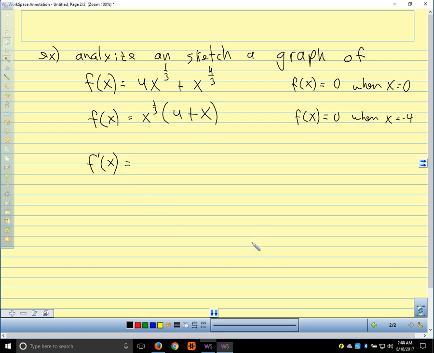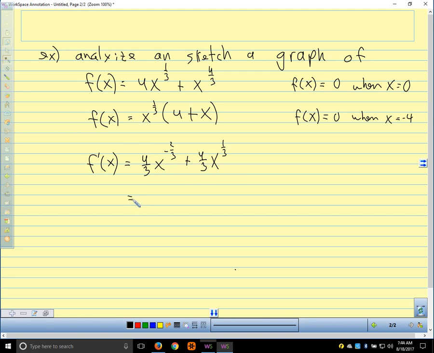So what's going to be the derivative of this thing? Plus 4/3 x to the 1/3. Okay, and let's factor this one again, just because we have a common term here.